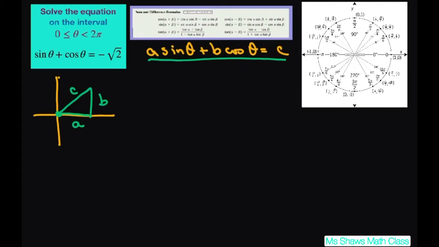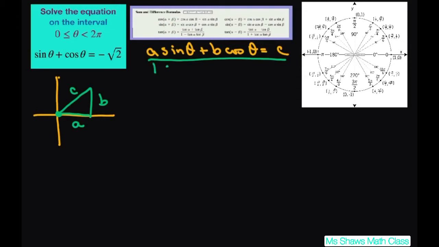What you can do is square both sides and solve that way and simplify, but you have to check all your solutions. So this is a form where we're going to use the sum and difference formula. In our case, our A is 1.